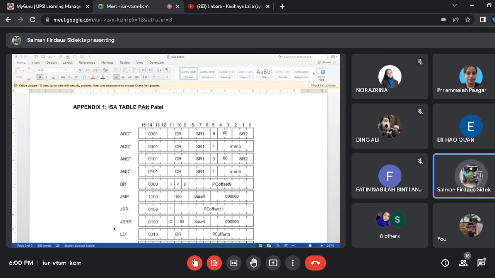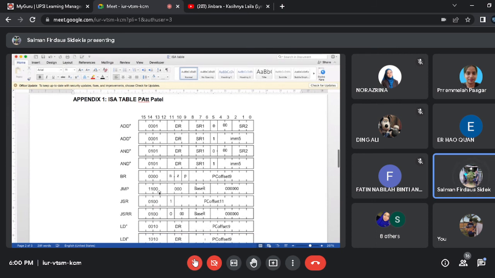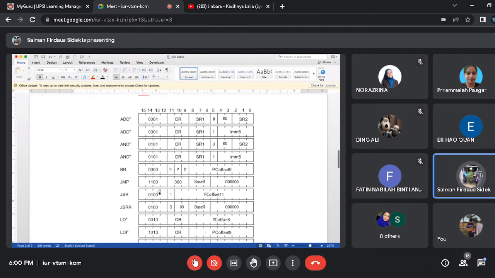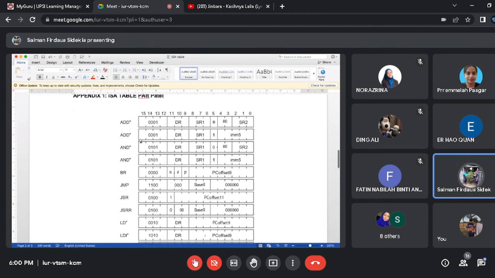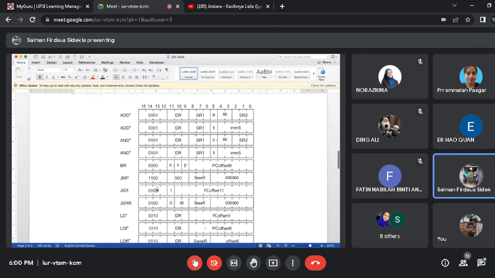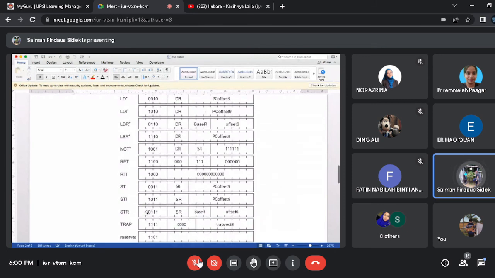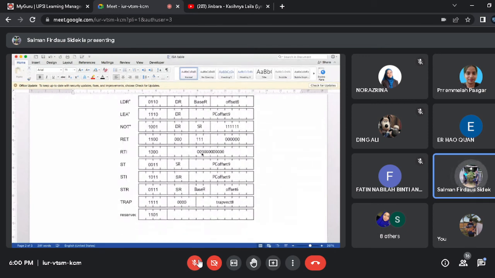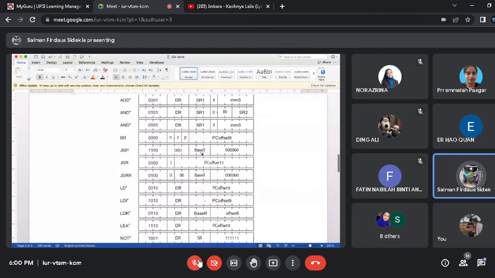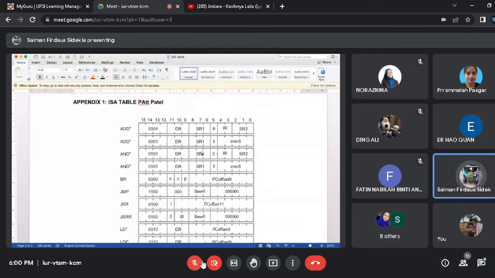In this class, if you look at the ISA table, we have 20 instructions in the instruction set. But in our class, we are not going to use all of these 20 instructions. So please jot down the instructions that will be learned in this class.